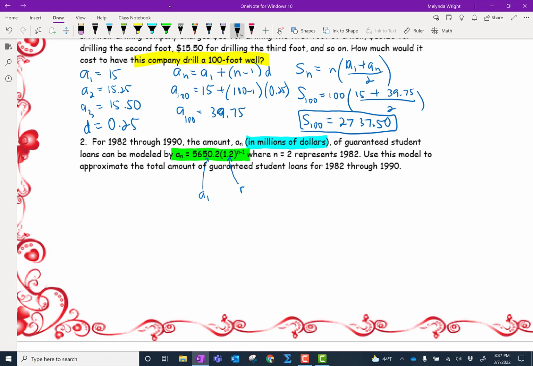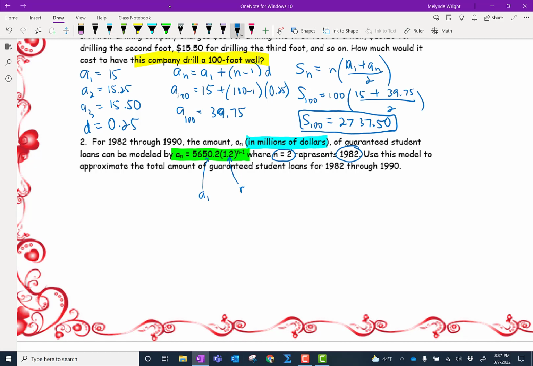Now, the reason this one is a little confusing is because they are actually starting this problem out at an n of 2. A lot of times when we use years, they will come up with a representation. Instead of writing in 1982, they're going to write in the number 2.